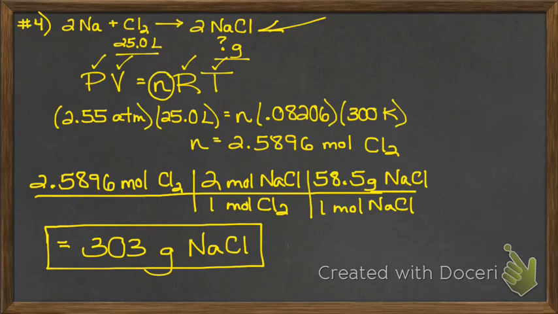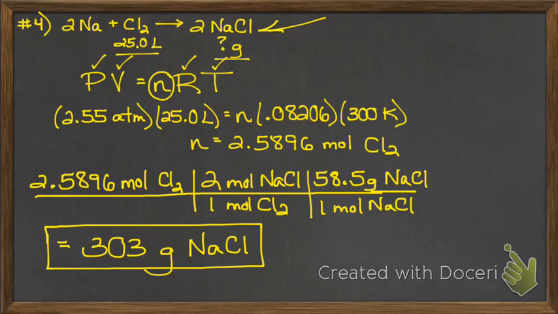Okay, so what I want you guys to notice between this problem and the last one, the setup was just a little bit different. In the first example problem that I showed you, or I should say the one just before this one in front of you, we wrote out PV equals nRT, but we had 2 unknowns, so we couldn't use the ideal gas law right away.